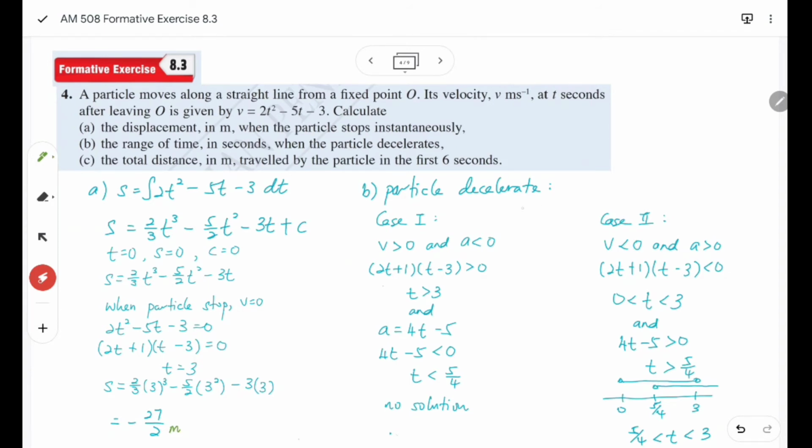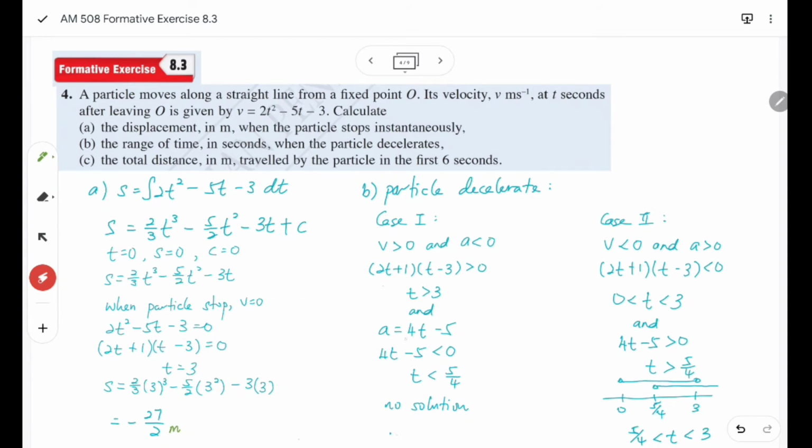So we check case 1. When v greater than 0, we get (2t plus 1)(t minus 3) greater than 0, we end up getting t greater than 3. And when a less than 0, so 4t minus 5 less than 0, we have to differentiate the v function. Where's the v function? It is 2t squared minus 5t minus 3.